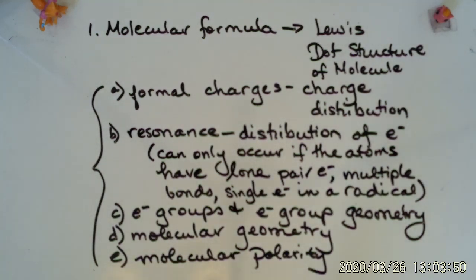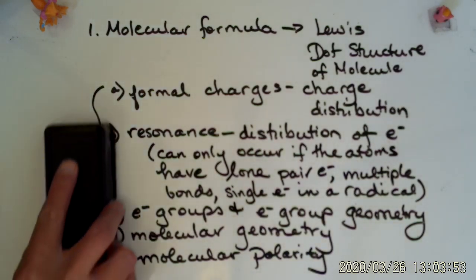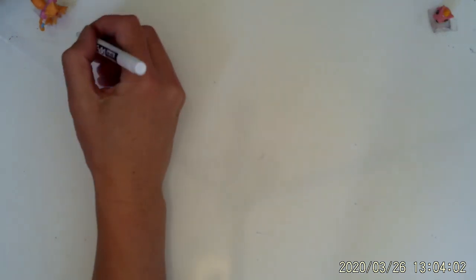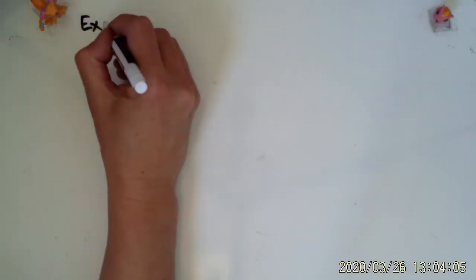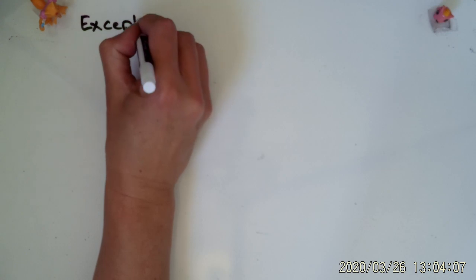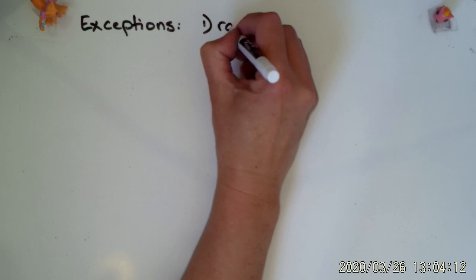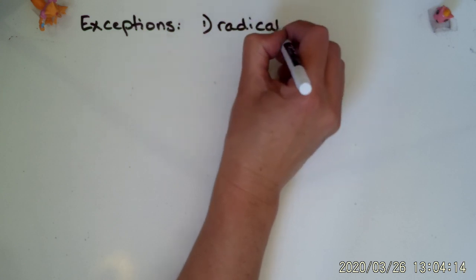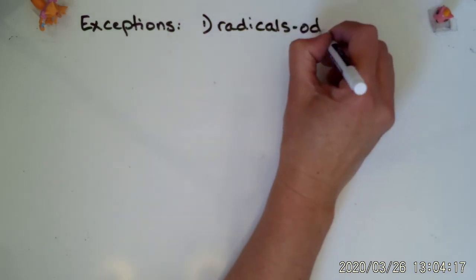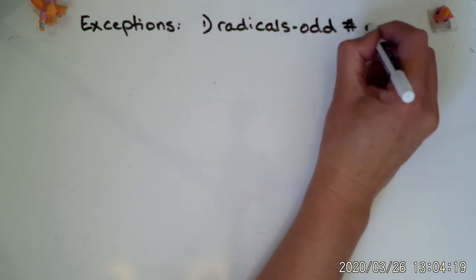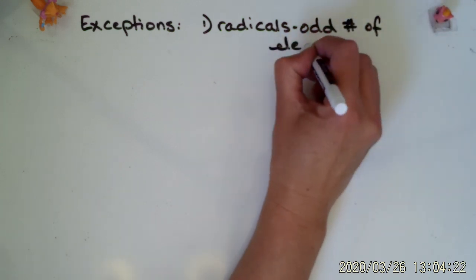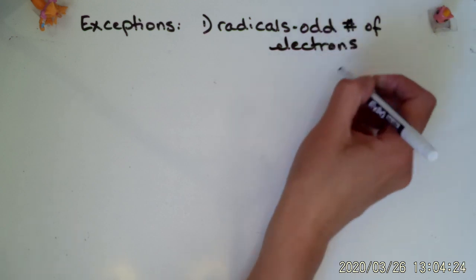Okay, so the second example that we're going to do is an expanded octet. So if we talk about exceptions, we have the radicals, which have an odd number of electrons. So when you calculate that, you say, well, what do I do with my odd one?